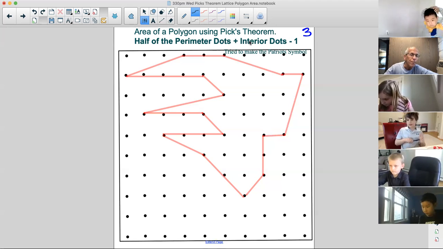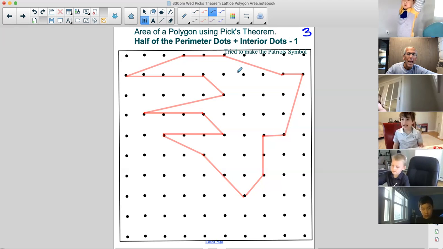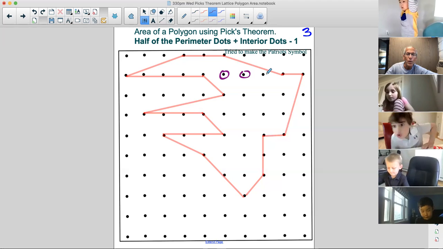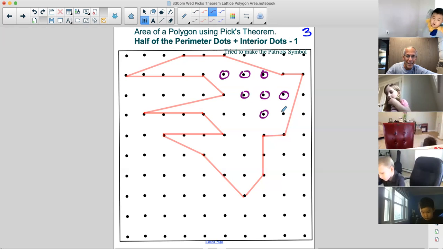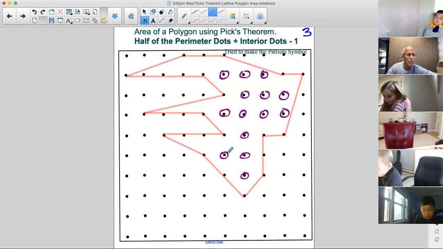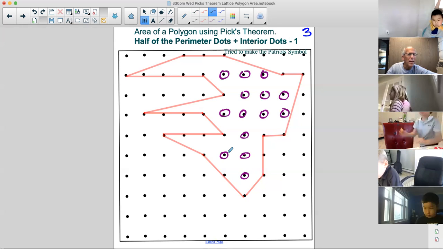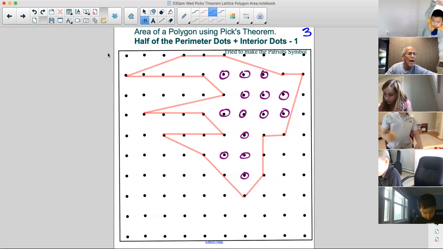So Tess, you're figuring out the number of interior dots, and then you're doing the number of perimeter dots, but you're cutting the perimeter dots in half. And if anybody has a question, you should ask it now.